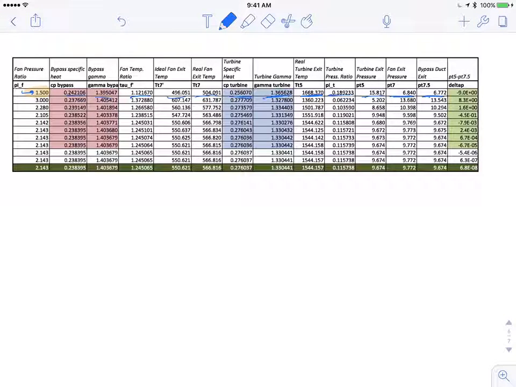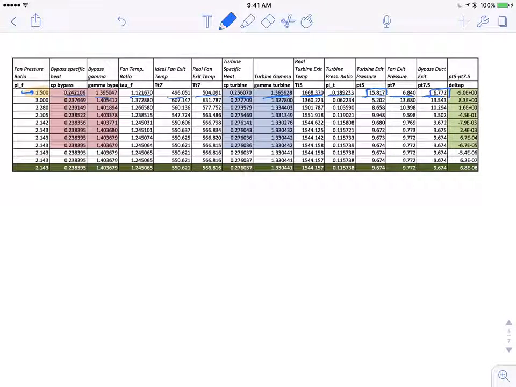And so you can see, if we want those to match up, on the first iteration, we got a difference between 15.8 psia in the core and 6.77 psia on the bypass duct. So we need to keep adjusting our guess for pi f until that converges.